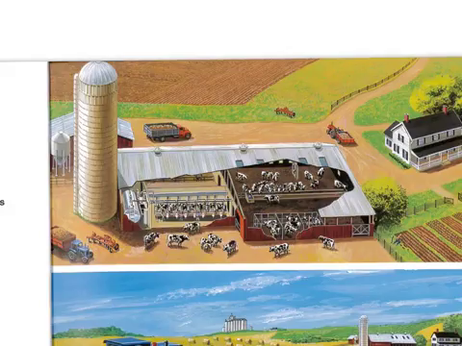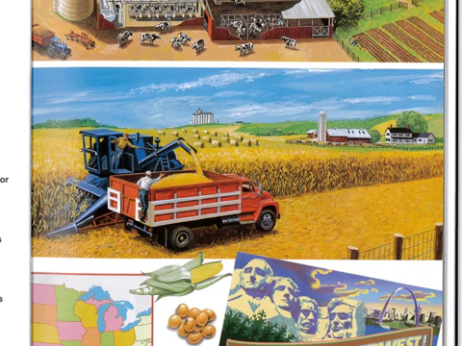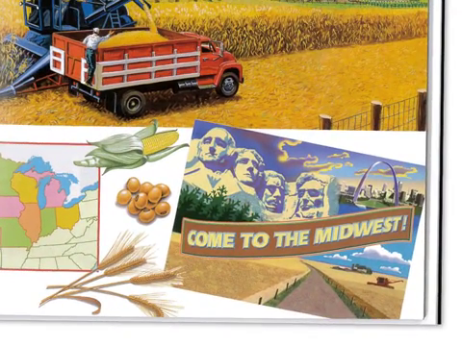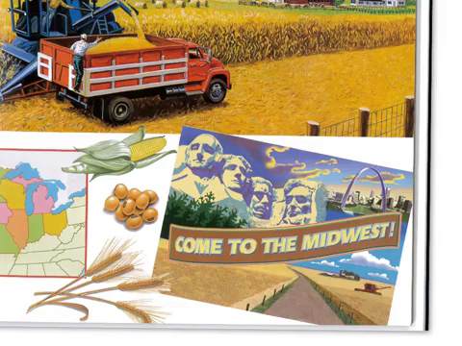The person's planting over here. Any harvesting going on? I don't see any. There's the harvesting. And this machine is called the combine. And a postcard. What is the Midwest famous for? Farming. Mount Rushmore.